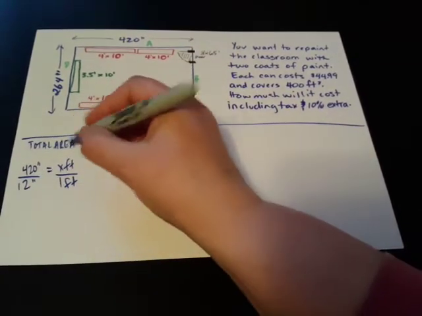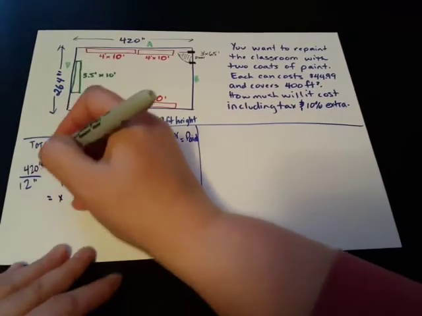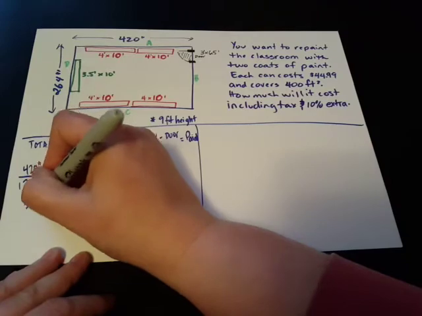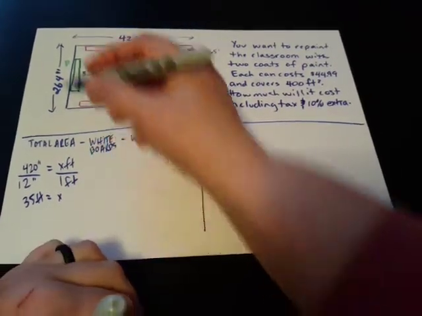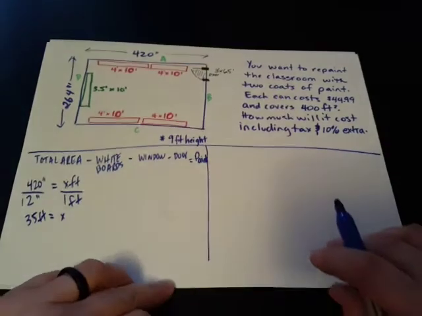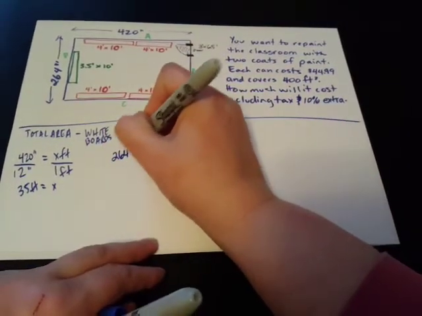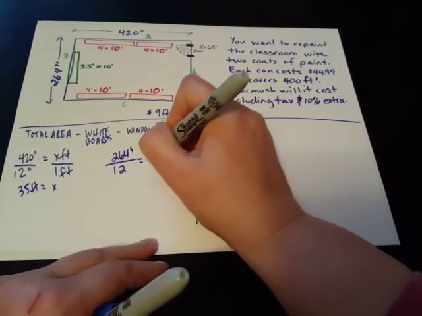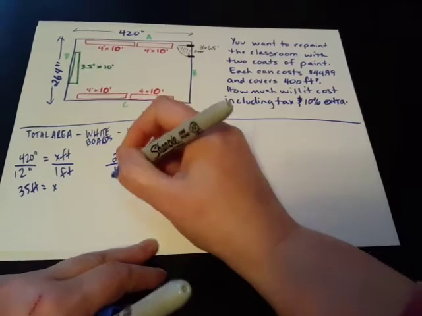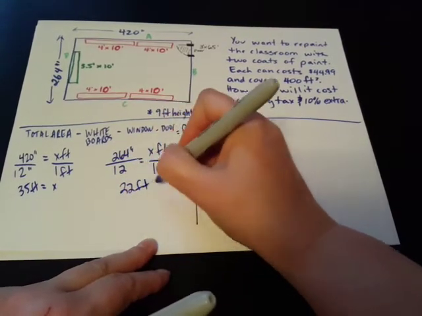And so that should leave us with 35 feet across. It's a nice big classroom. And for the other measurement here, that's 264, which will bring us to 22 feet across.